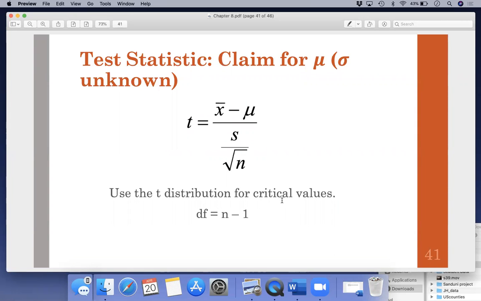But in here, if you don't know sigma, you have only one method, the critical value method, because the p-value method is somewhat difficult when we have t-distribution. So we can't use that one. Definitely you have to use the critical value method to find your critical values and to get the result.